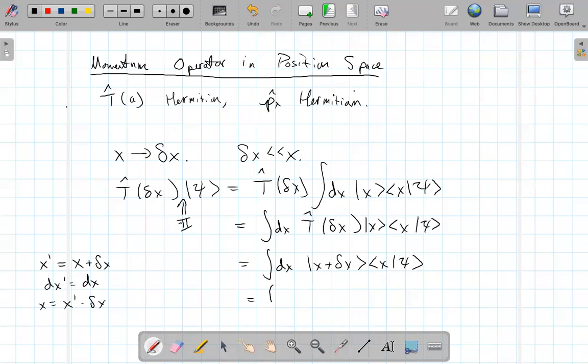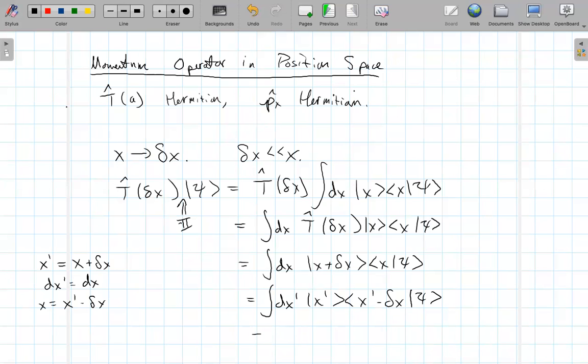So this becomes the integral of dx prime, |x prime><x prime minus delta x|psi>. And this is equal to the integral of dx prime, |x prime>, and now I have psi of x prime minus delta x. So this is our wave function.